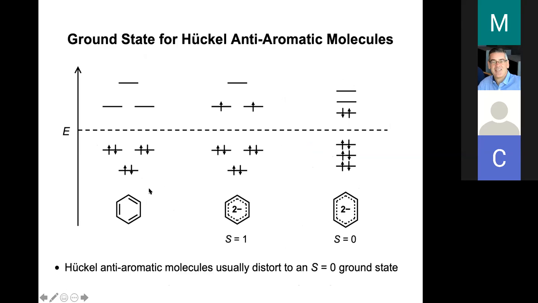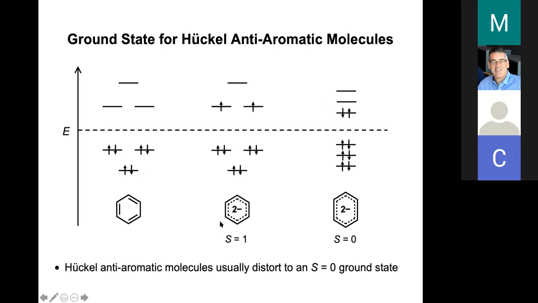So here are the frontier pi orbitals for benzene, and aromaticity with 4n+2, or 6, electrons gives us this nice stable form of the molecule. When you add 2 electrons, you're populating these anti-bonding levels, and these are degenerate for benzene, but this degeneracy leads to a strong driving force for distortion.